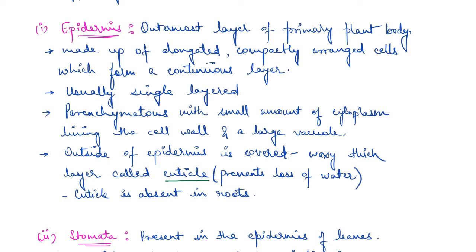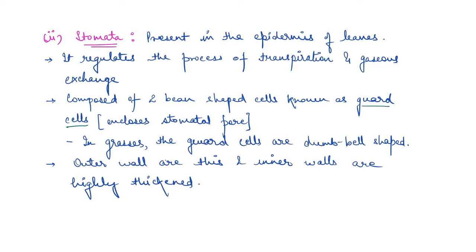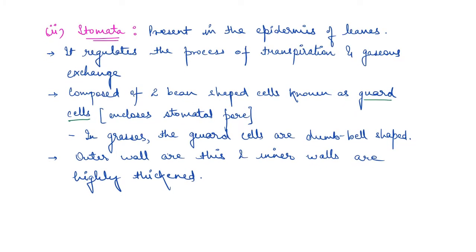Now, let's see what exactly is stomata. So, epidermis we have understood, right? It is the outermost layer of the plant body. Now, stomata are present in the epidermis of leaves, and they regulate the process of transpiration and exchange of gases.